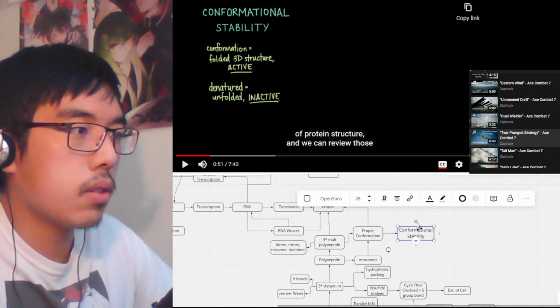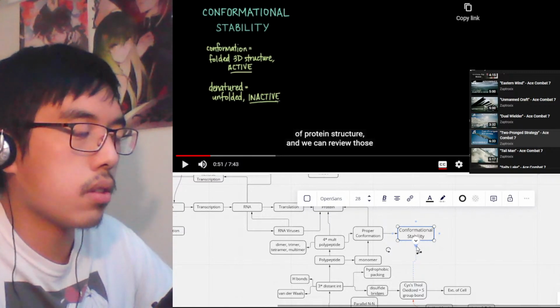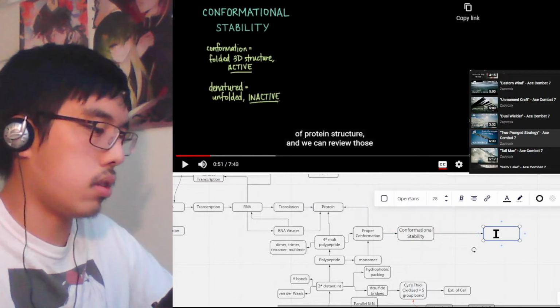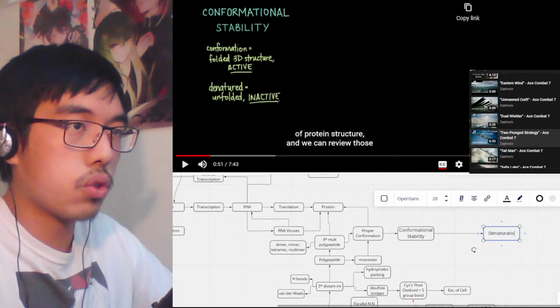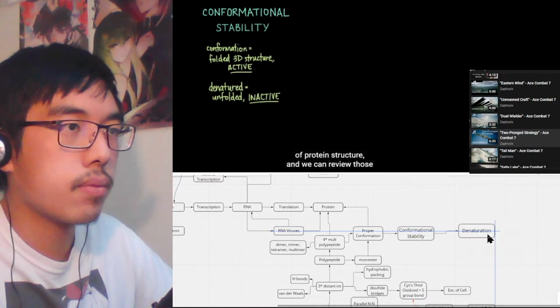And then we have active, and let's just have denaturation here. Denaturation. Perfect. All right.